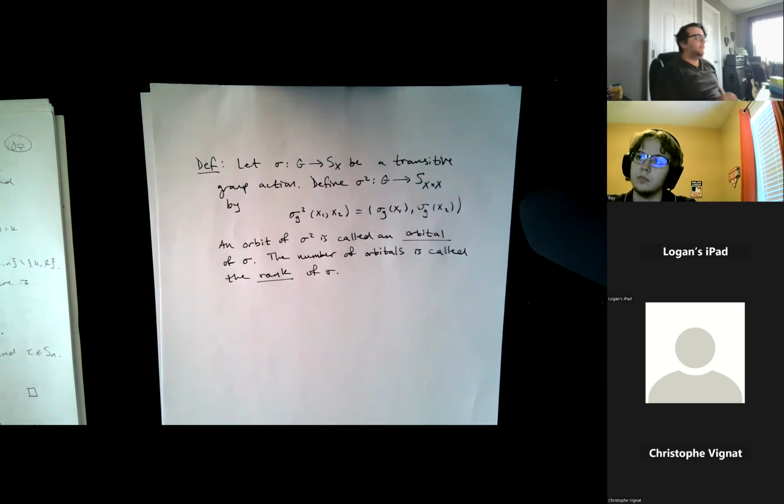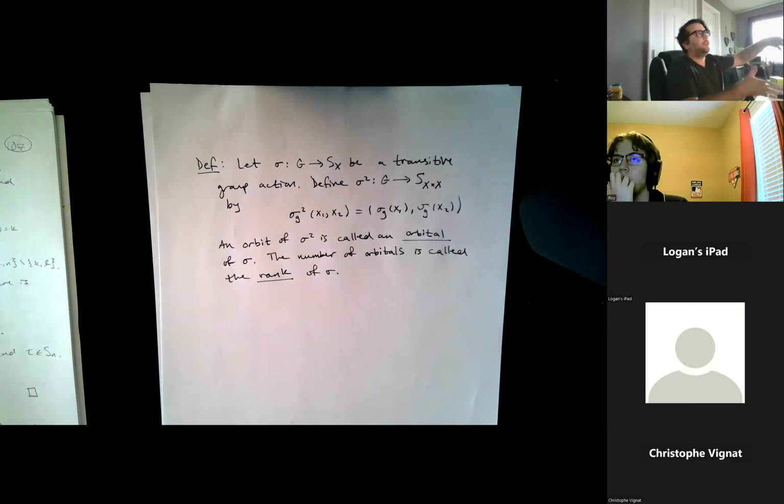Okay, so sigma itself has orbits. These are just the sets G, the entire group G acting on some element X. Sigma 2 is also an action, but it's an action on X cross X. And so it has its own orbits.